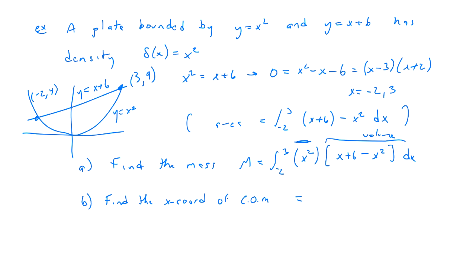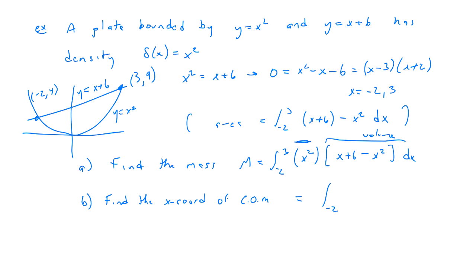And it's the volume because from the one above it, the x plus 6 minus x squared is the height of a little slice, and the dx is the width. We're assuming the thickness is 1, so it becomes a volume. So what do I add in? It pretty much is the same as the last one.